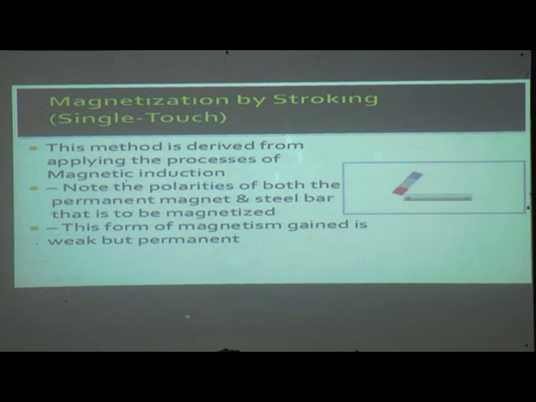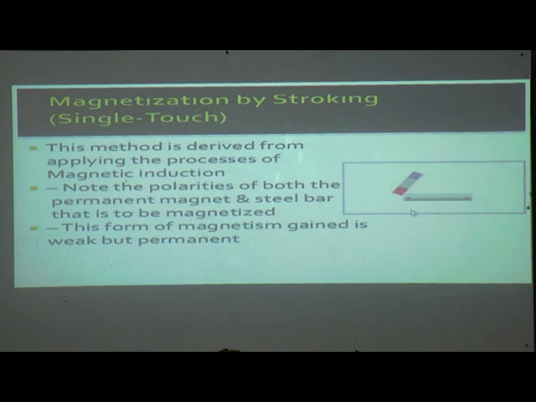Any magnetic substance such as steel, iron bar, cobalt bar or nickel bar can be magnetized. The magnetism gained is weak but permanent. You stroke once only, so that the substance changes into a magnet.